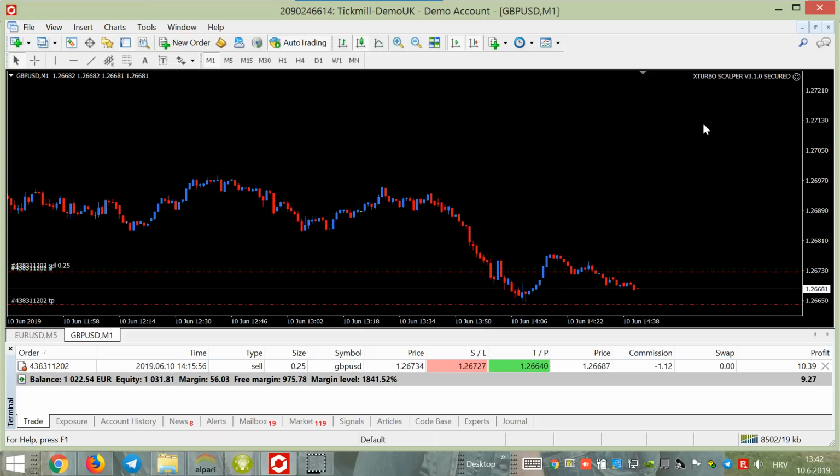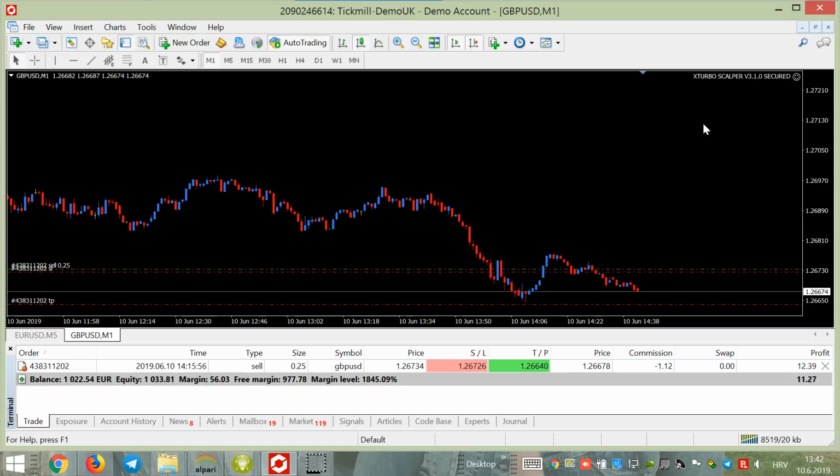Hello guys, Ivan speaking. We are trading, as you see, with Xturbo Scalper version 3, but this time I want to show you also the M1 time frame. By the way, all of you who need the M1 settings or template, just send me an email and you will get it for free, of course.